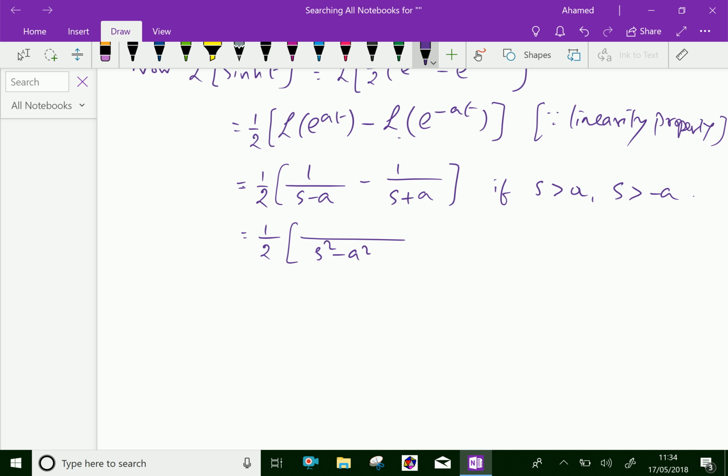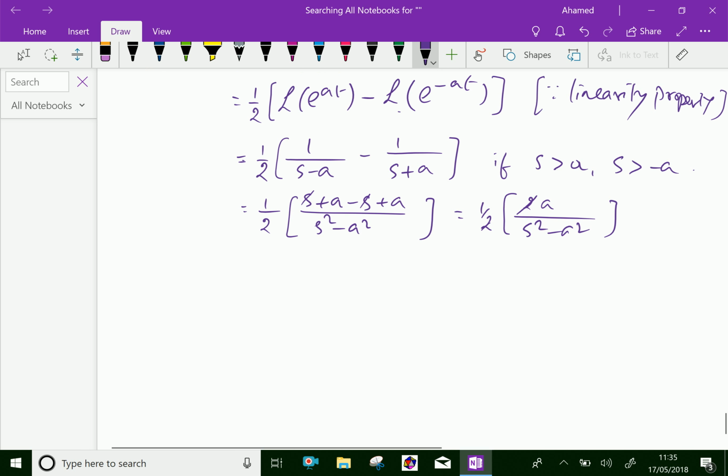By cross multiplying, it becomes s plus a minus s minus a, which is minus s plus a, equal to half of 2a over s square minus a square, and the 2 also cancels. Therefore, the Laplace transform of sinh at we can express as a over s square minus a square.